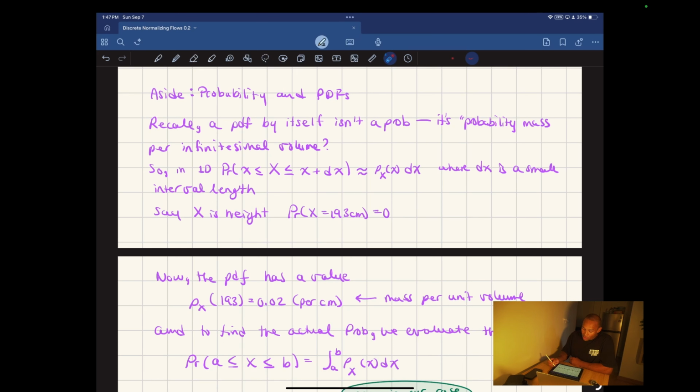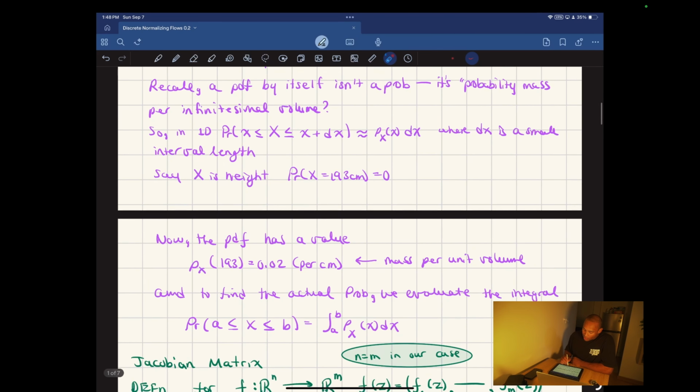Okay? And then recall probabilities. Let's say the random variable capital X is height. I can put in 193 here, for 193 centimeters, and I can get out a density. But if I try to get the probability of 193 here, it's 0. That's not the way it works.